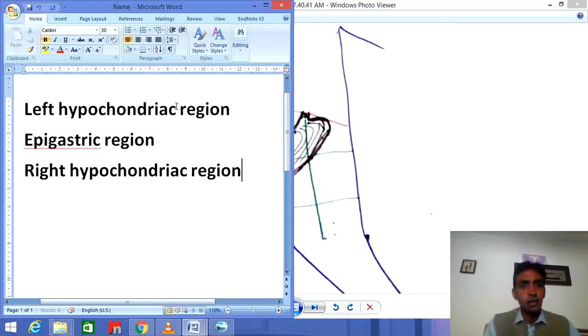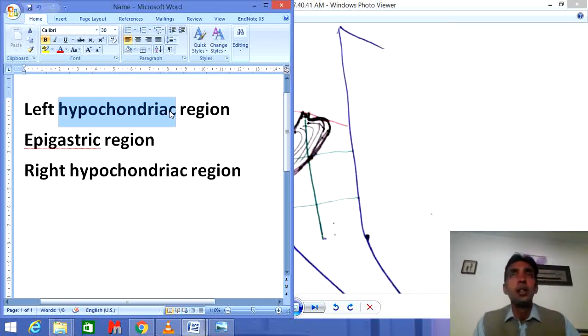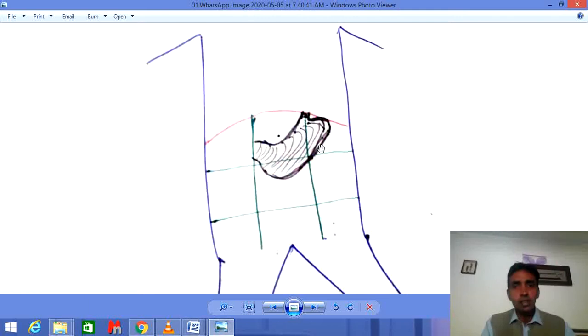In hypochondriac, hypo means below, and chondriac refers to the diaphragm. The study of the diaphragm is called chondriology. So hypochondriac means below the diaphragm. This region is below the diaphragm on the left side, that is why it is called the left hypochondriac region. This region is below the diaphragm on the right side, that is why it is called the right hypochondriac region.